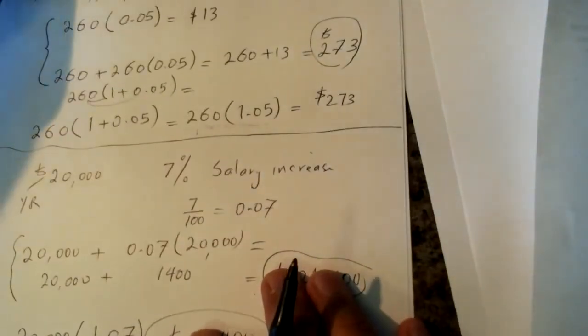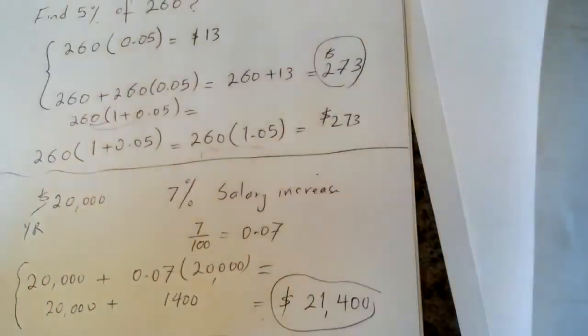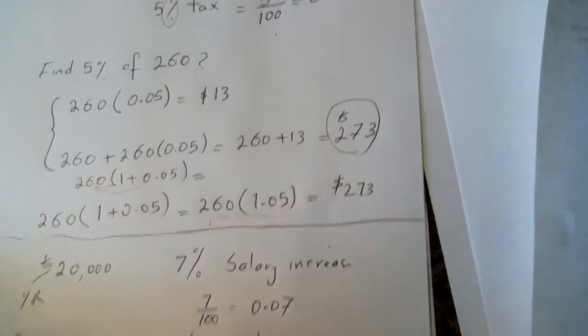So in case of increase, you take the principal, whatever it is, like in this case 20,000, times 1 plus 0.07.